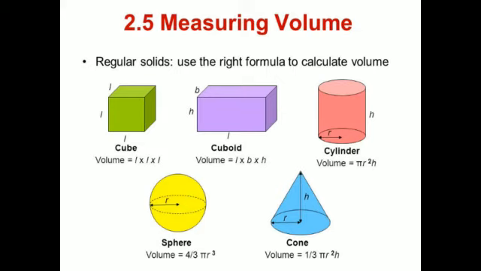Okay. Now, how is the volume of regular solids calculated? Again, with the help of formula, as we did in the area calculation. For a cube, we use the formula L cube.